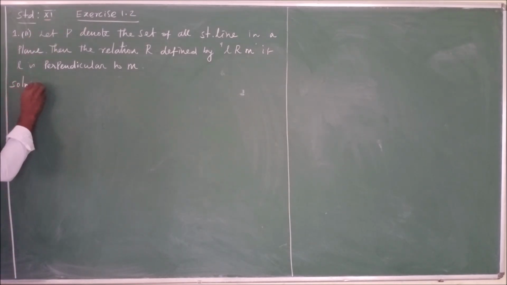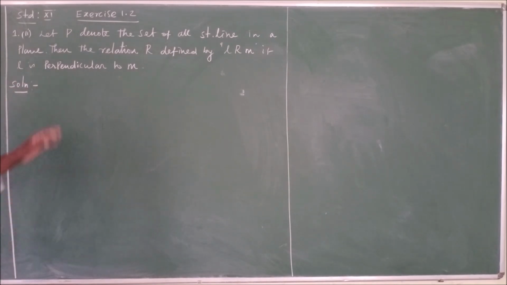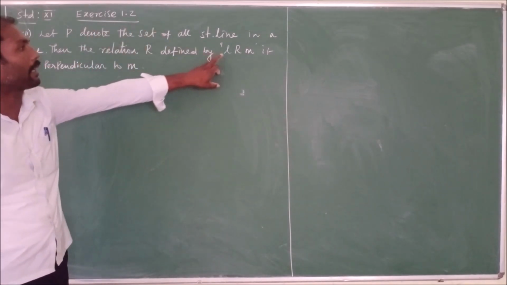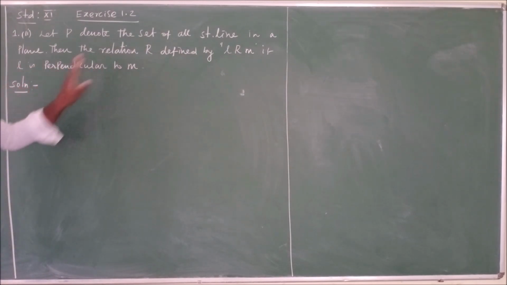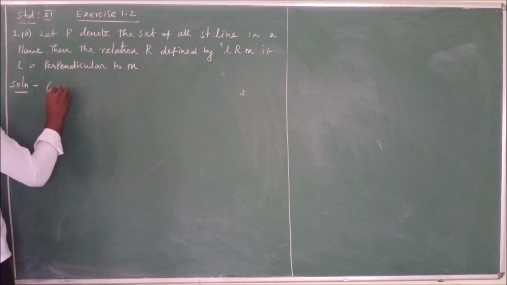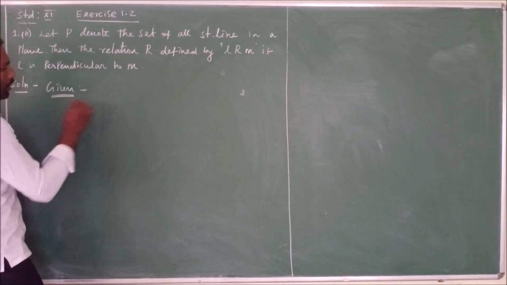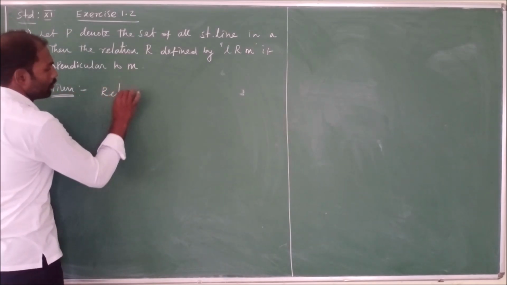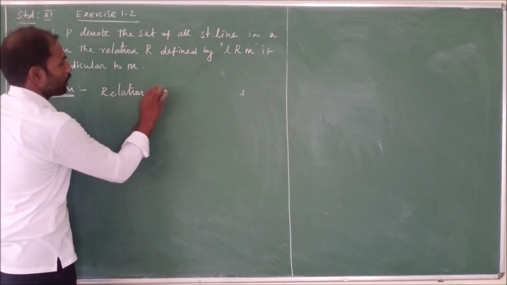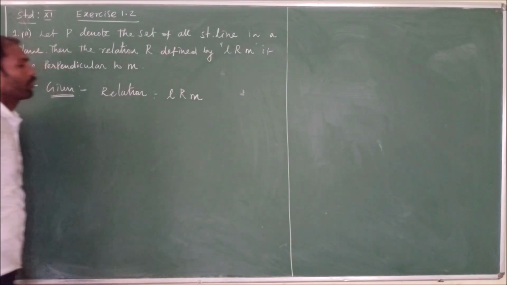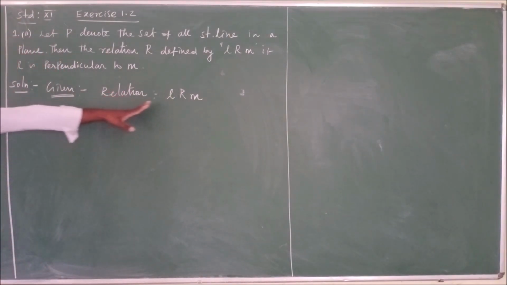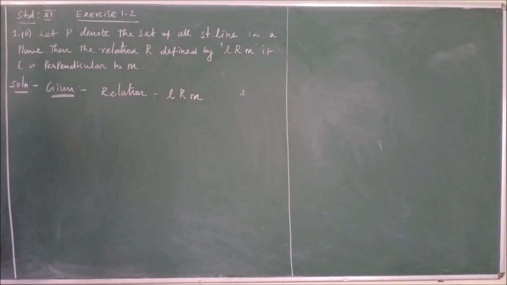First, what is the given data? The given data is: L is related to M if L is perpendicular to M. This is the given relation. L is any straight line, M is another straight line.